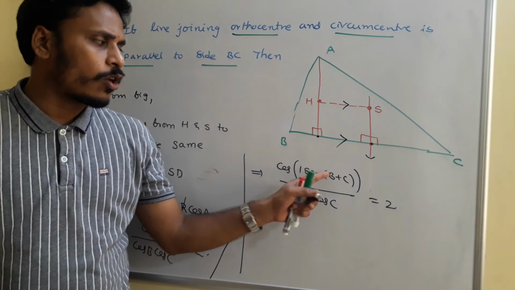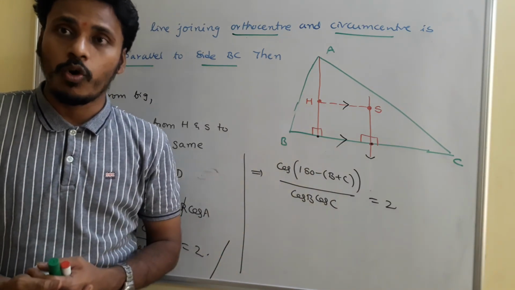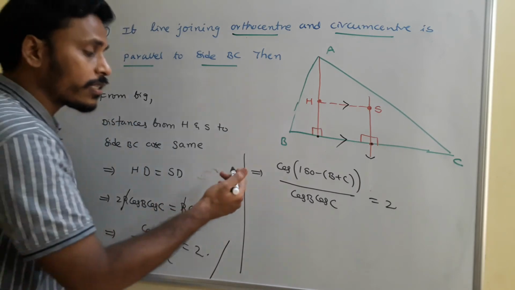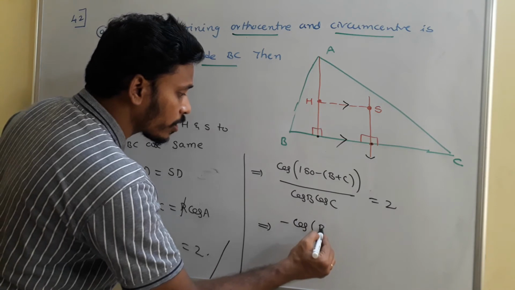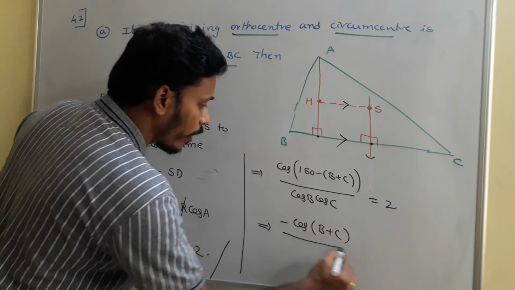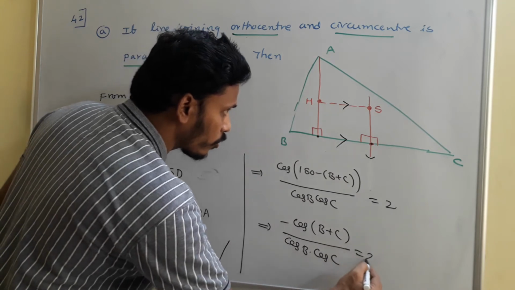And what is cos of 180 minus (B plus C)? 180 minus comes under the second quadrant, where cos is negative. So it is minus cos of (B plus C) divided by cos B cos C equals 2.